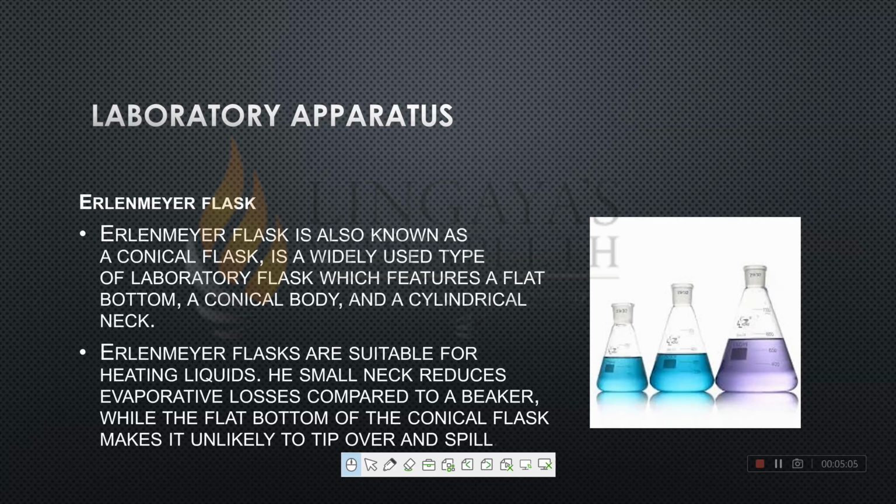Thus, the rate of evaporation is high in the beaker but less in the Erlenmeyer flask. Because of its conical shape, it is also unlikely to tip over and spill the solution. So this is the advantage of the Erlenmeyer flask.